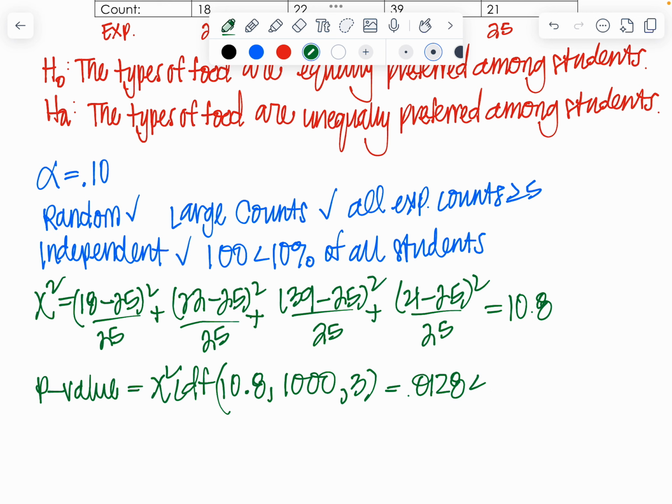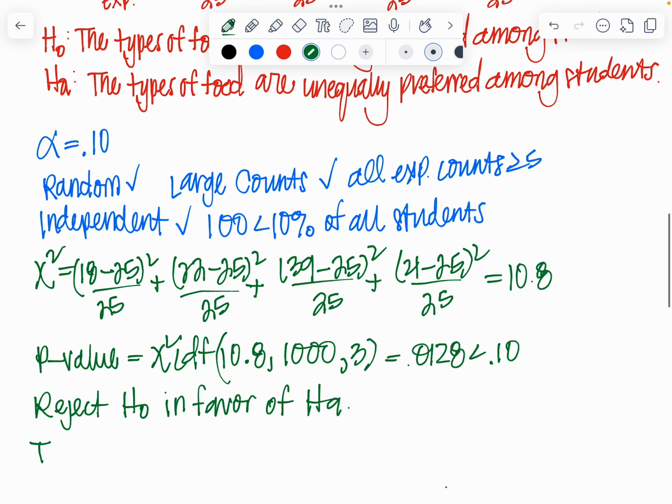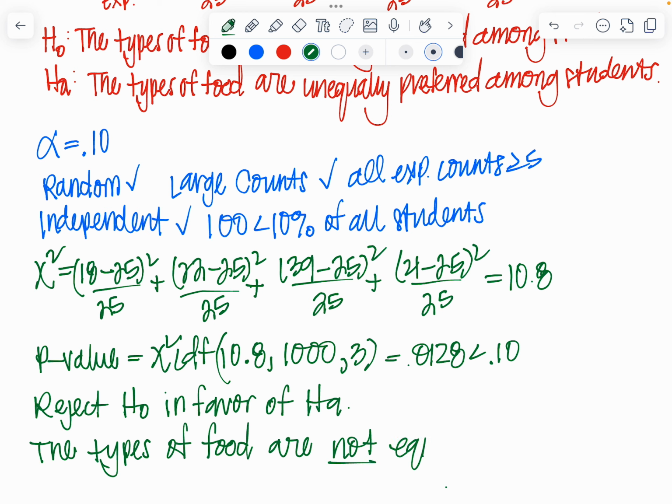That is absolutely less than 0.10. And so we are able to reject the null in favor of the alternate. What does that mean? That means the types of food are not equally popular.